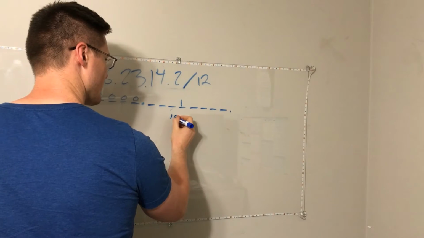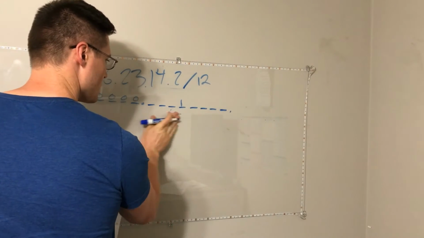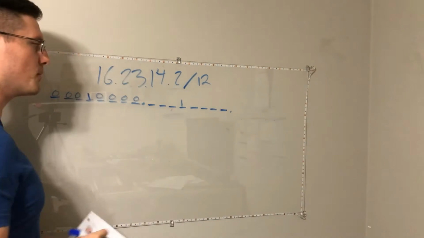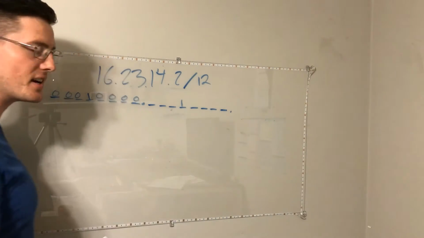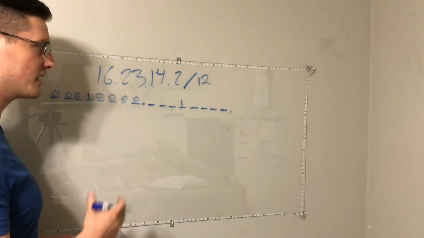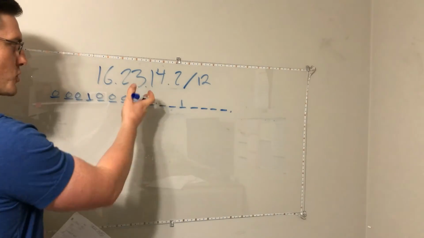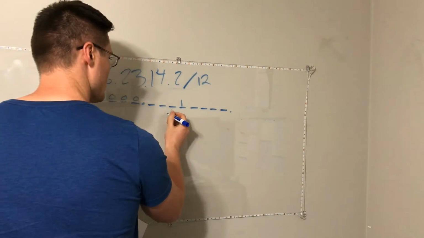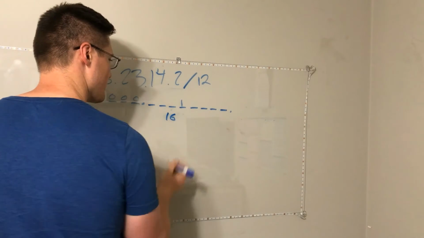So we have 16. This helped me on my Cisco test, where I'd write down underneath how much I have so far so that I can keep adding it to eventually subtract it so that it's 0. So below that, you write 16.